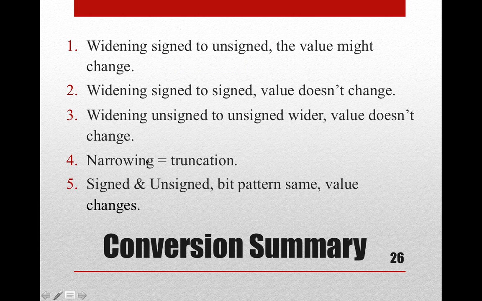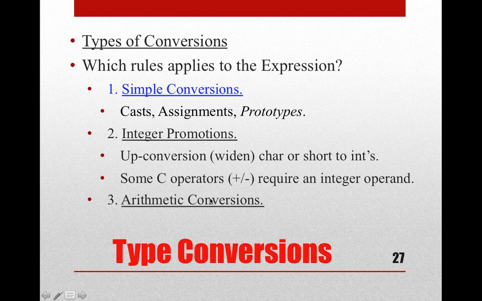With widening signed to unsigned, the value might change. With narrowing, we talked about truncation, and with signed and unsigned, the bit pattern is the same, but the values change. In terms of conversions, you can have a very simple one like a cast, an assignment, or a prototype, or you can have more complicated ones.